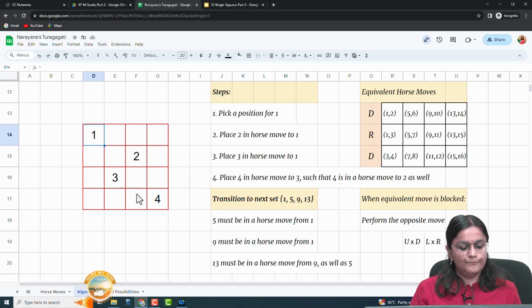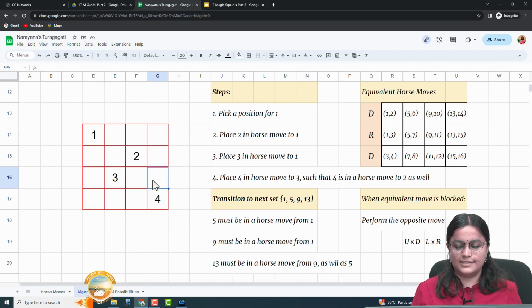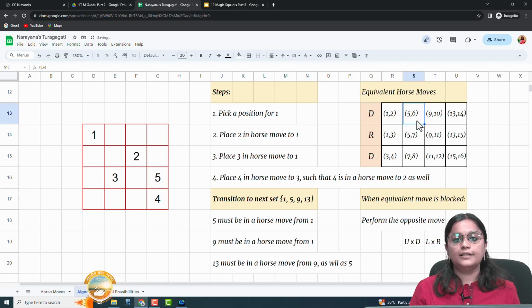So, from 1, these are 2 possible places, where let us pick this particular square and place the number 5. Now, from our table, we find that 5 and 6 must be in the equivalent horse move as 1 and 2, which is down, right? So, starting from 5, we go down and this is where we can place our number 6.